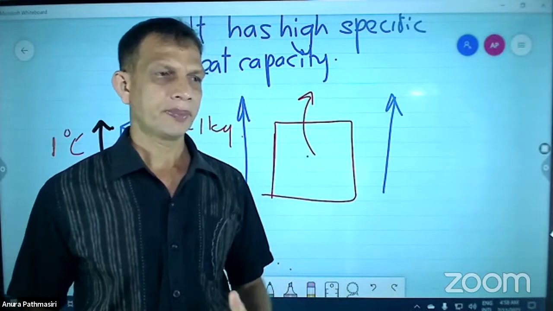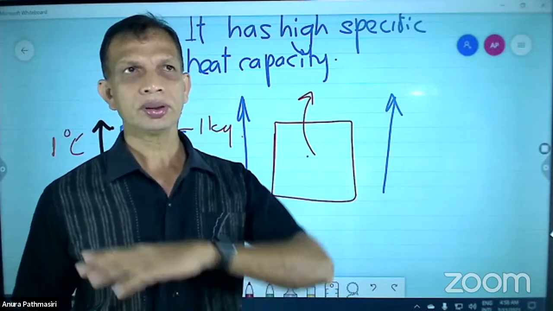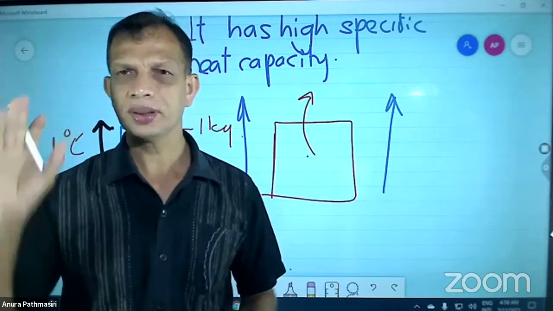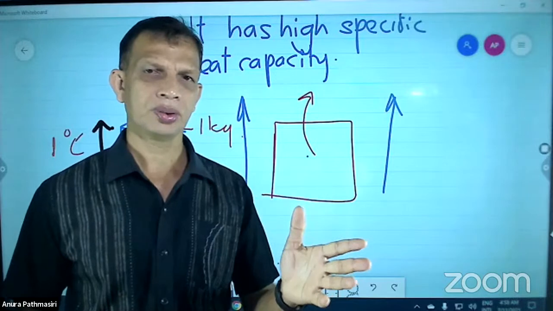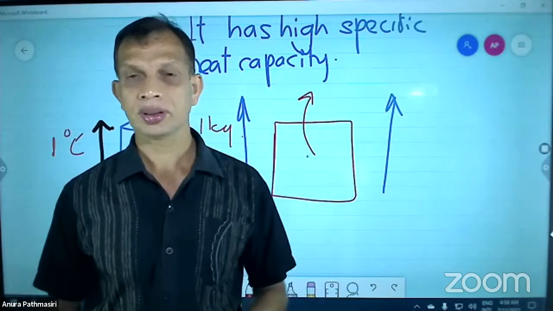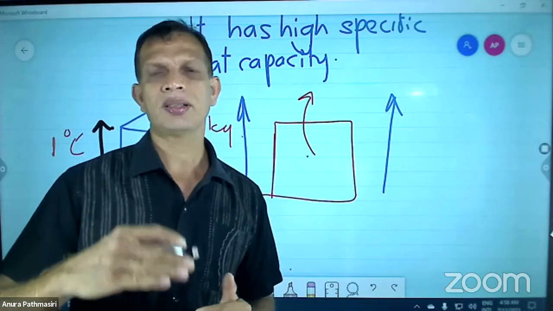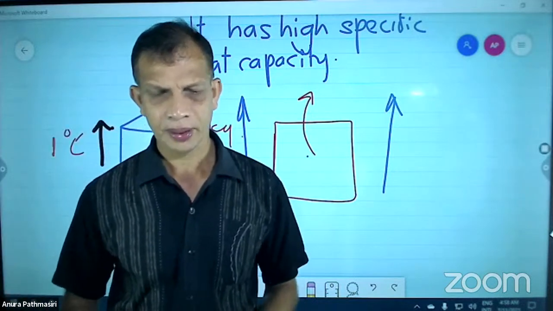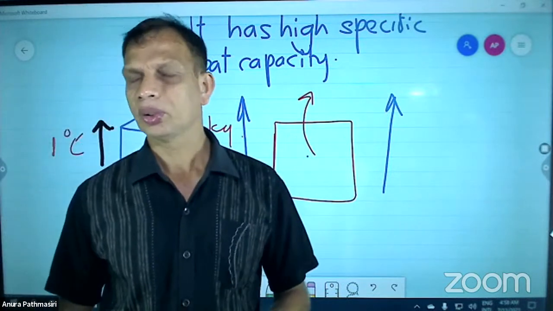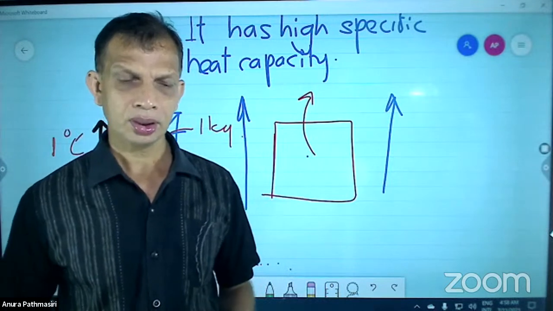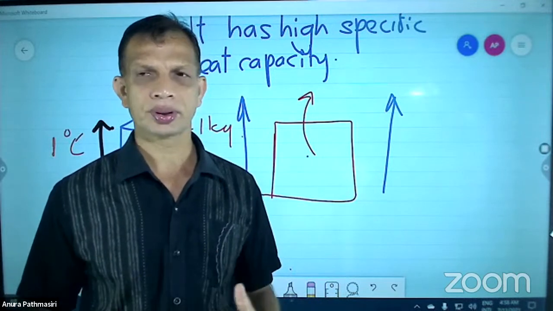They live in water, and if the atmospheric temperature goes up quickly, still the temperature in water will not increase very quickly, because it requires a huge amount of heat energy to increase its temperature by 1 degree Celsius. So water is very good as a coolant.